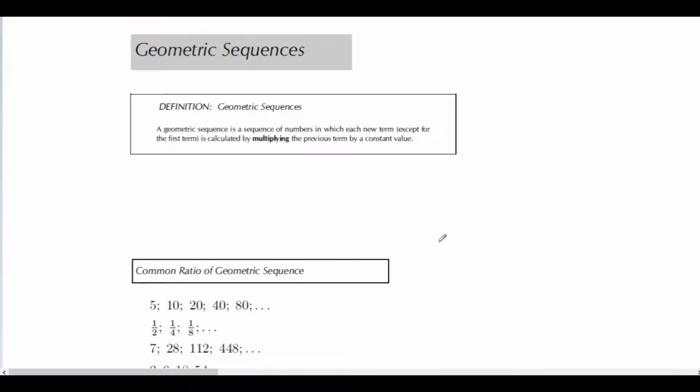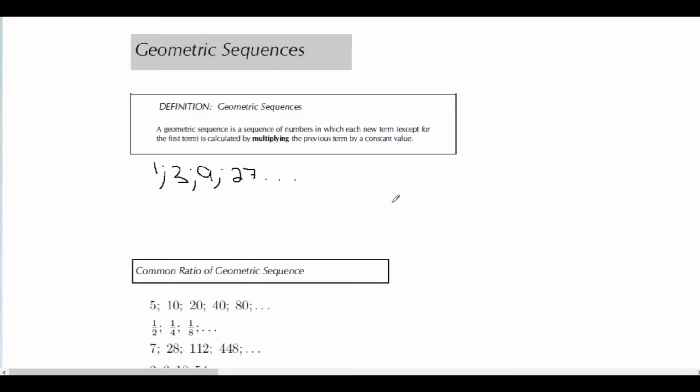An example of that would be 1, 3, 9, 27. Because what I did was multiply the first term by 3, and then the second term by 3, and then 9 by 3, and so on.